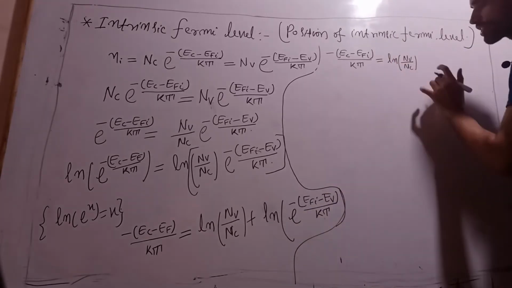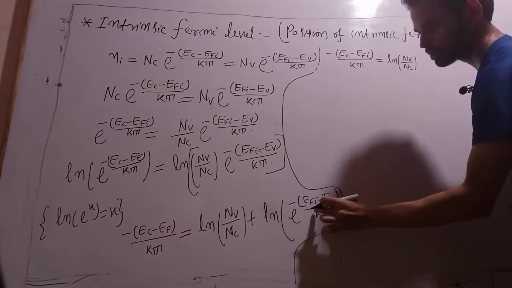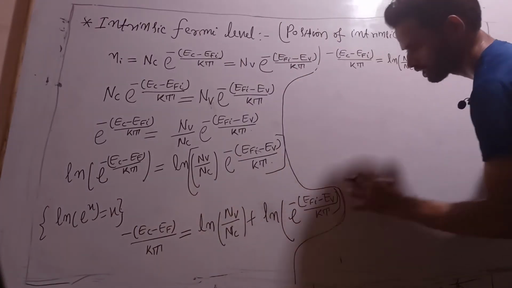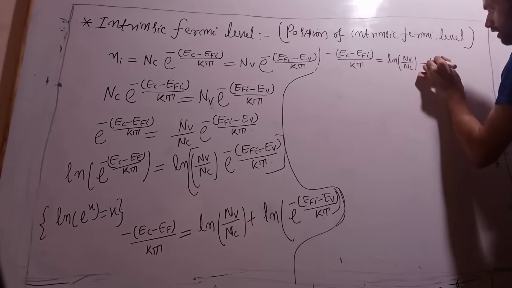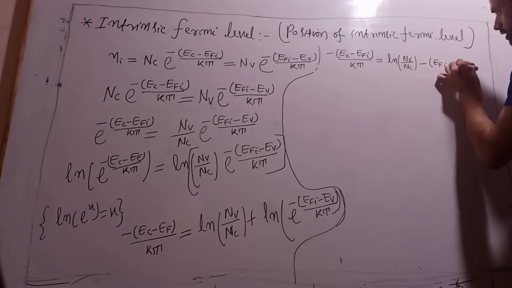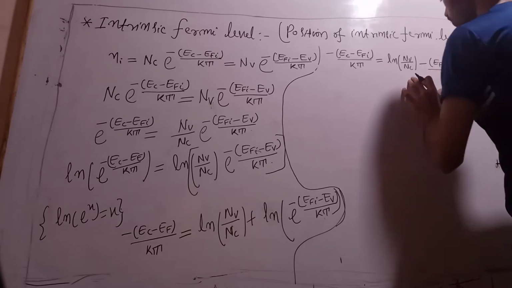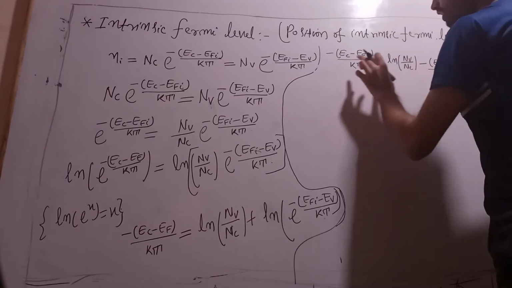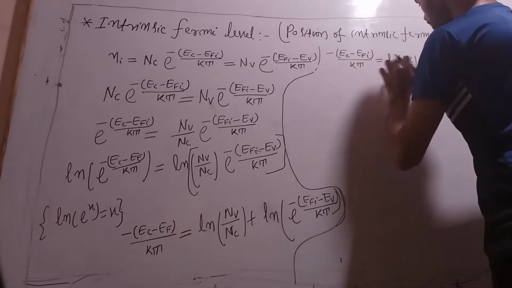Okay, Nv by Nc plus ln, similarly the same, ln e to the power x. ln e to the power x is what? x. So x here is Efi minus Ev by kT. So now see, let us take this side. When this comes to this side, it becomes positive.